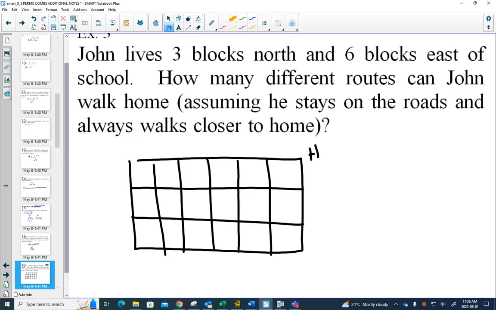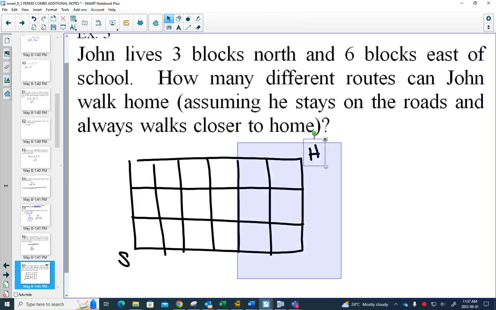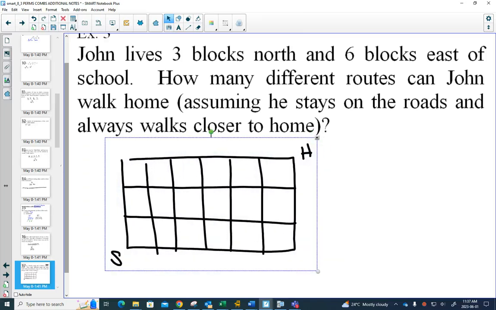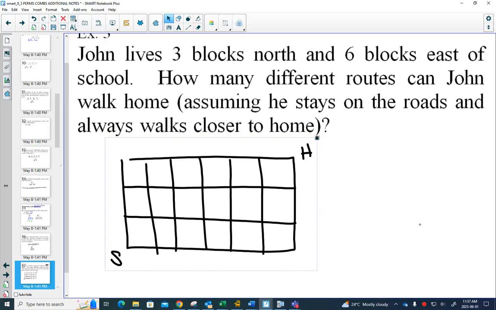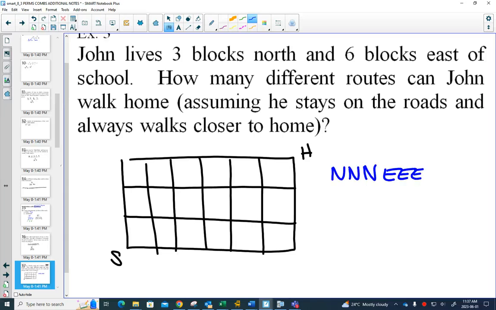So this is his home, and this is the school. And if he needs to go from school to home, he's going to go north 3 times somewhere, and he's going to go east 6 times.